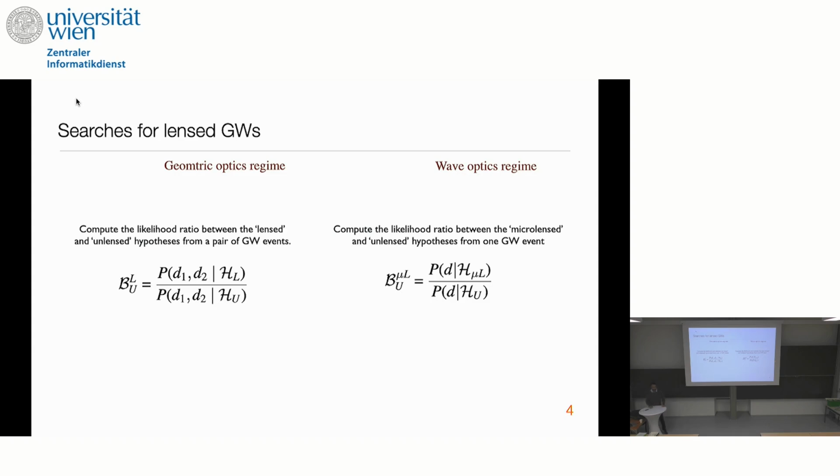For the microlensing hypothesis, to compute the evidence, you have to introduce additional parameters that describe the properties of the lens, as well as the relative location of the source on the lens plane. You can marginalize over those likelihoods and compute an evidence ratio to get a Bayes factor between the two hypotheses, lensed or unlensed, using a single observed signal.